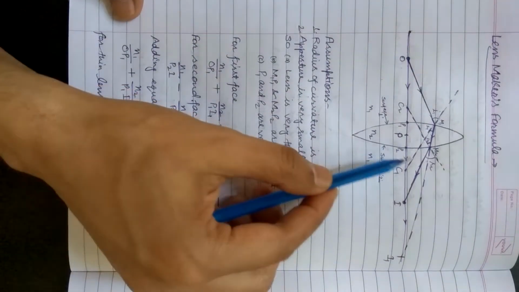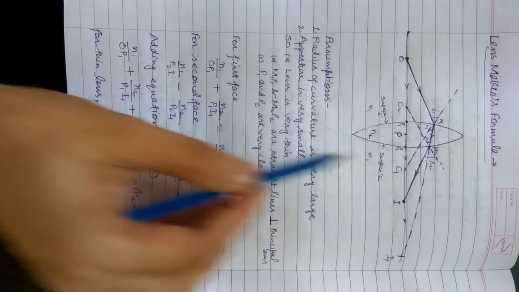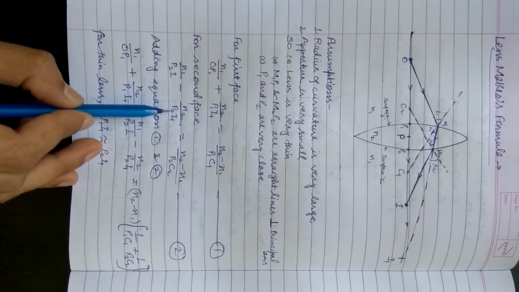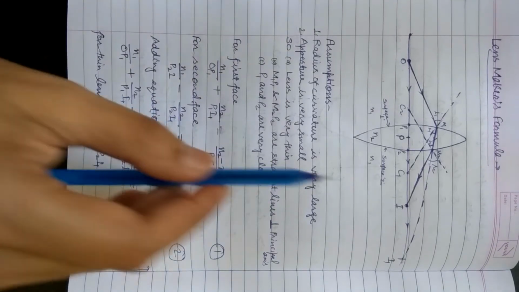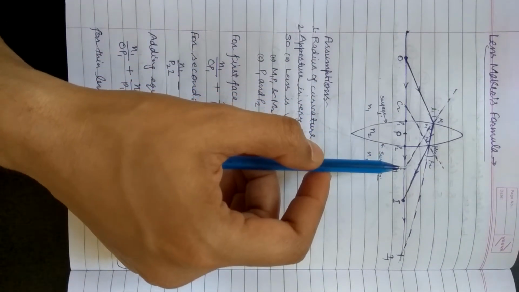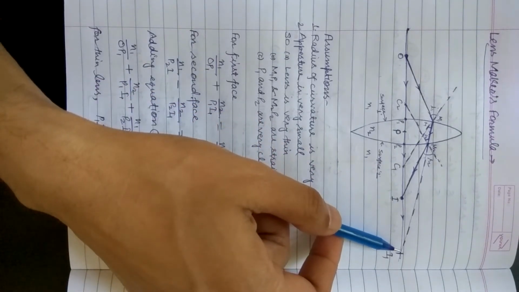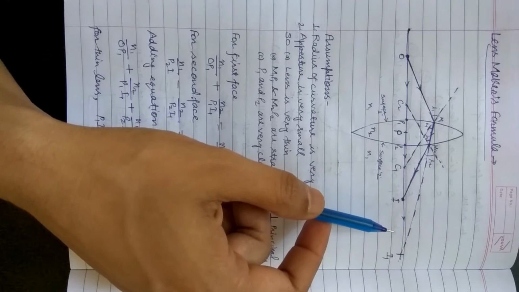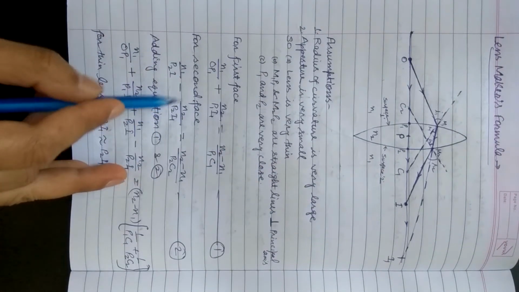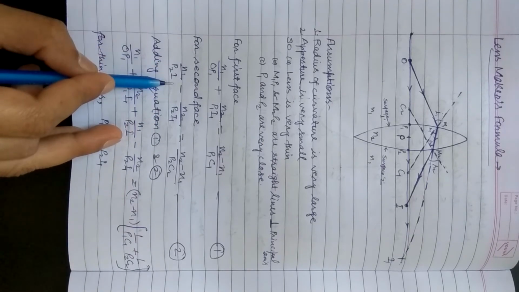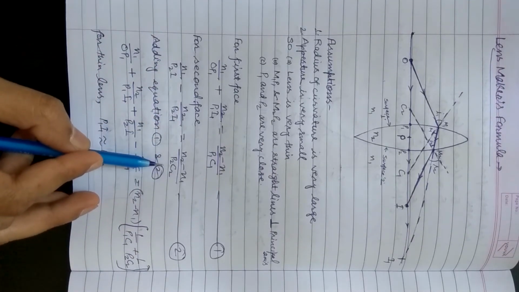Students, for this surface we should interchange N1 and N2, and because the object is placed on the right side, we should apply an additional negative sign with it. So, minus N2 upon P2I1 plus N1 upon P2I equals N2 minus N1 upon P2C2.